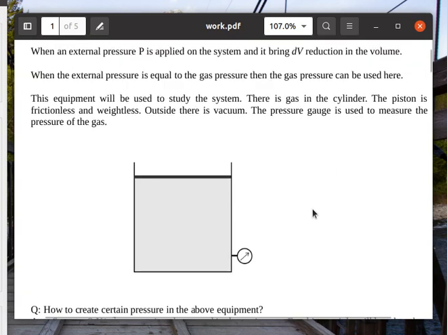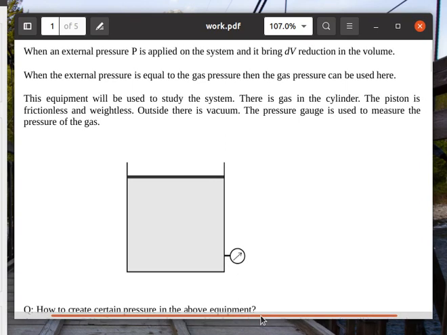Now I come to the equipment used in our analysis, or whatever numerical you will do. What equipment will you use to study the system? The gas is your system in a cylinder, it is just a cylinder, and at the upper part there is a piston, and it is frictionless and weightless.